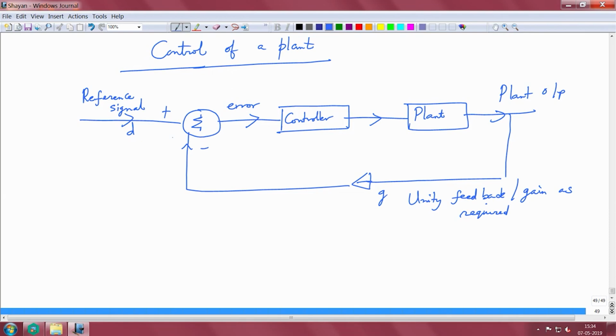So, this error signal, which is a deviation of the signal from the reference signal and the feedback path, is handled via this controller. This is some transfer function that we want to regulate, and the regulated signal from the controller is fed to the plant, and any perturbances or disturbances have to be regulated within this feedback mechanism. This is a general sketch, and if you were to adapt this plant, this can be a neural network driven controller.